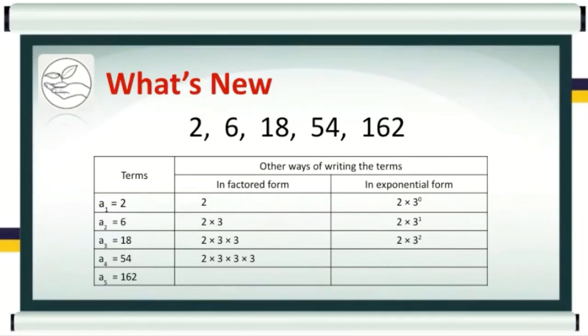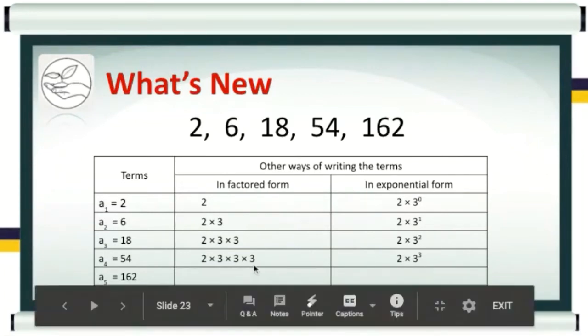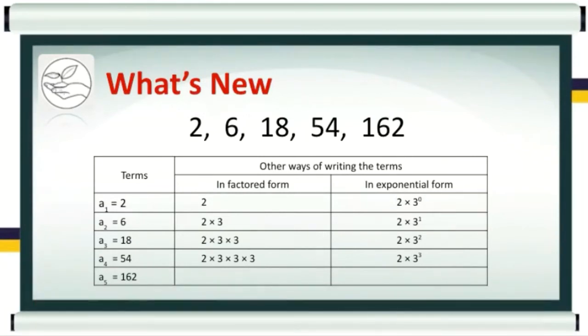But in exponential form, how are we going to write it? 2 times 3 cubed. 2 times 3 to the power of 3. Now, question. What is the relationship between the 3 exponent and the position of the term, which is a sub 4, or the fourth term?